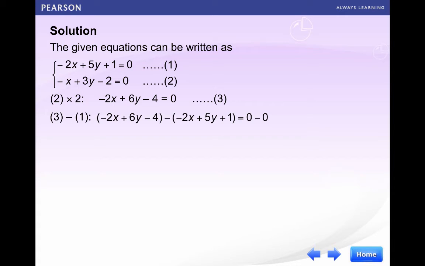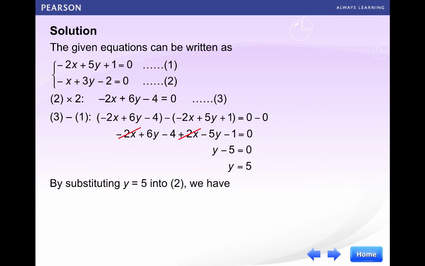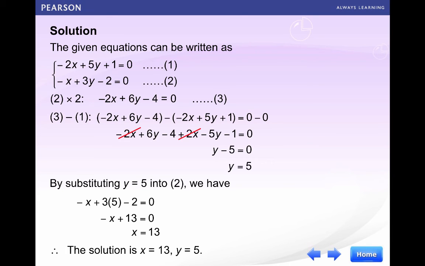Be careful when removing brackets. In this way, x can be eliminated. Then we can find y. So we substitute y equals 5 back into one of the equations. Then we find x. So we find the solution.